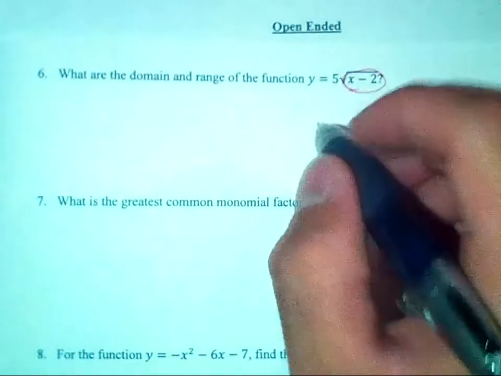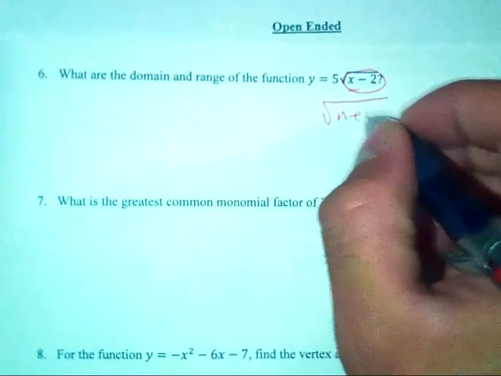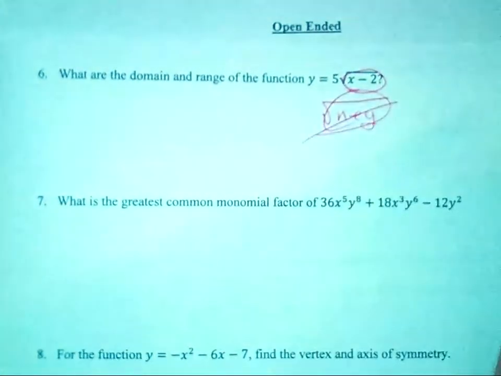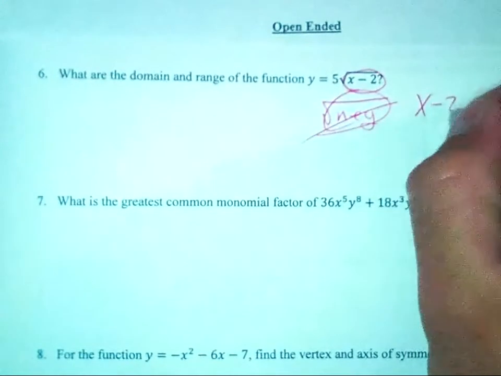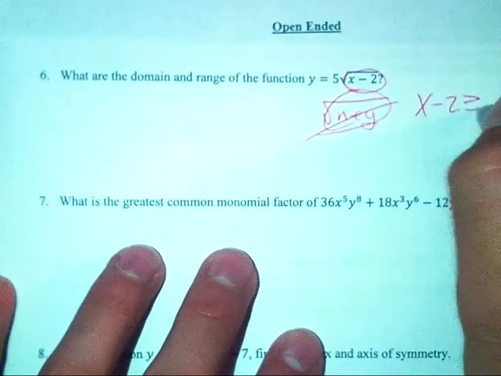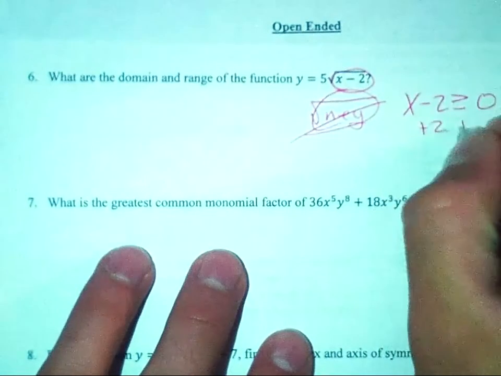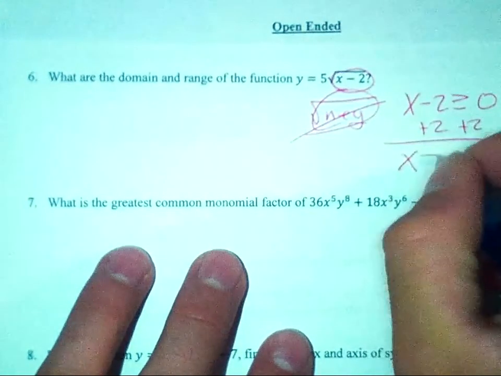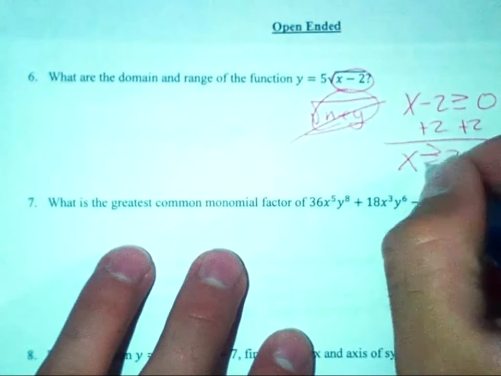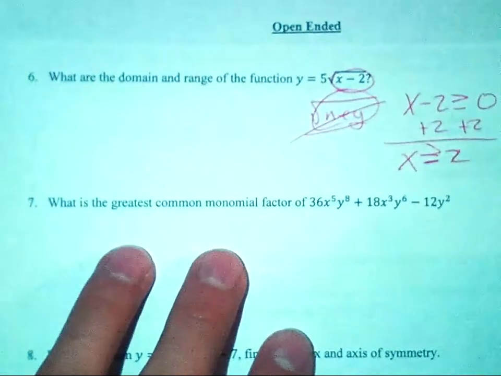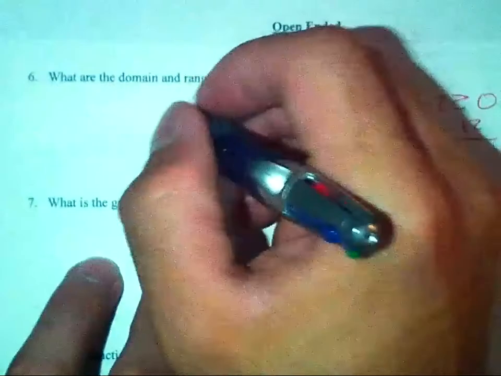What cannot be under the radical? We cannot have a negative number. So since we can't have a negative number, we have to take x minus 2 and set it greater than or equal to 0, since everything below that would be negative. We're going to add 2 to both sides and get x is greater than or equal to 2. So that there is our domain.